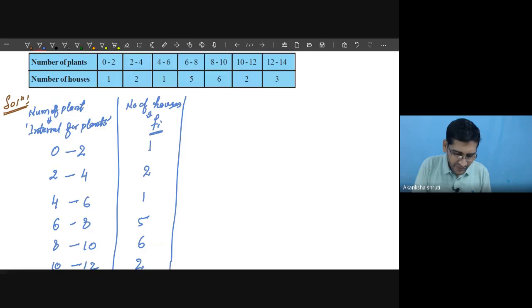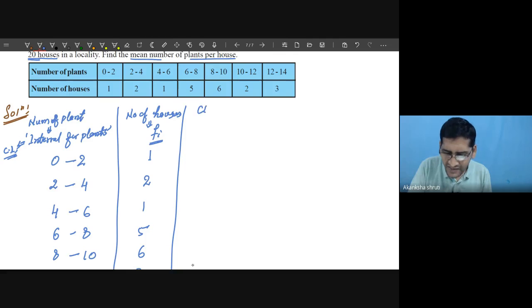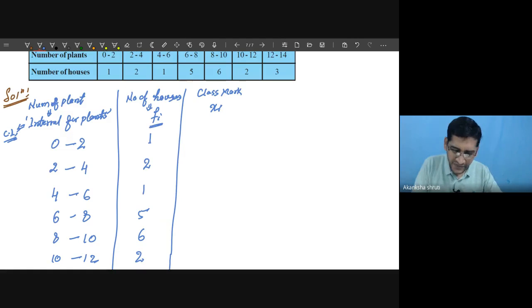Now from the given class interval, we need to calculate the class mark, or simply denote it by xi. How is this obtained? It is obtained by 0 plus 2 by 2. Means it is 1.